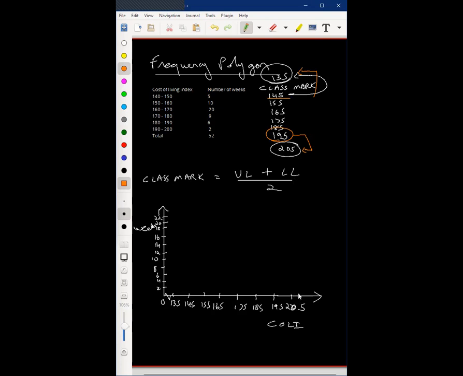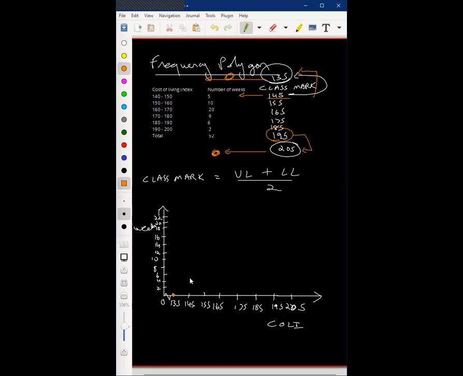Remember this one. Now what we will do is we will start marking it. So 135, what will be the value over here? Obviously, it will be 0. So our first mark will be 135, which is 0. Now 145, what is the mark? 5.